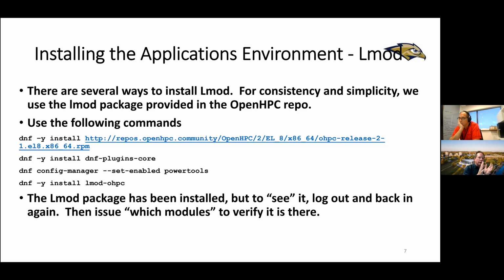Even if you're not using OpenHPC, you have other ways to install the LMOD environment, but this one is these 4 lines. Get the repo, install the DNF plugins, enable your PowerTools if you haven't already, and then install lmod-ohpc. And your LMOD environment packages are set up, and you're ready to go on your build node.